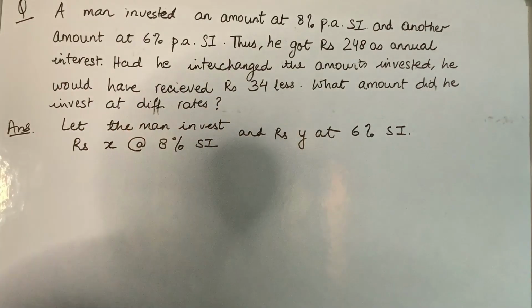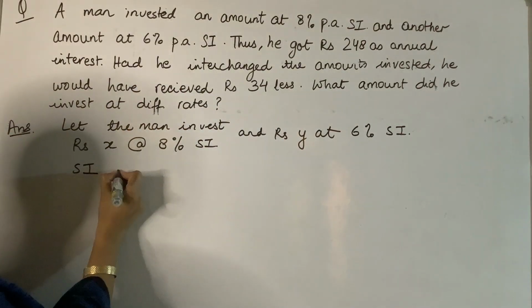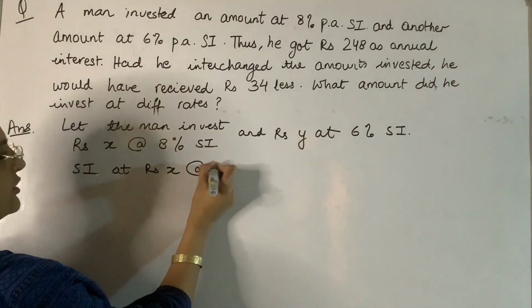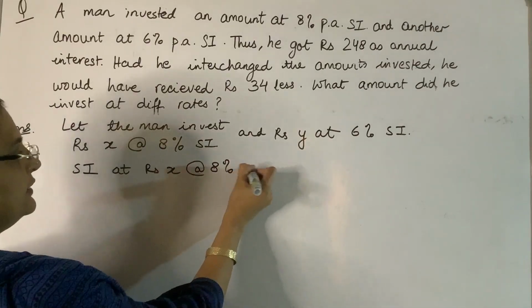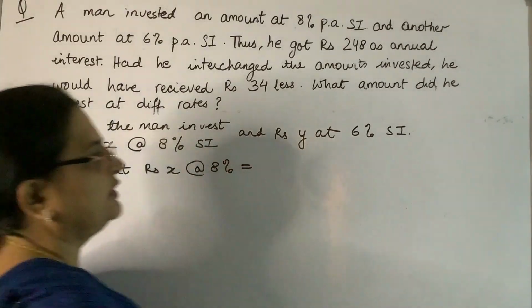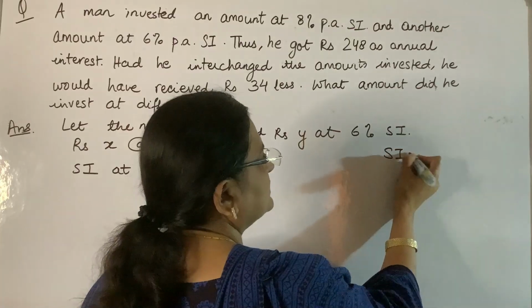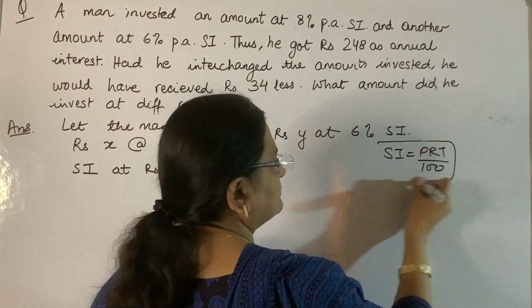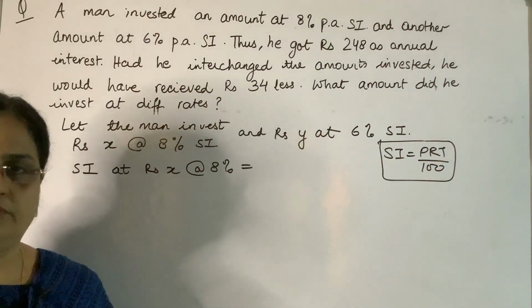Yes. We know simple interest on rupees X at the rate of 8% will be equal to, the formula we will use is SI equals PRT upon 100. All of us remember this formula.